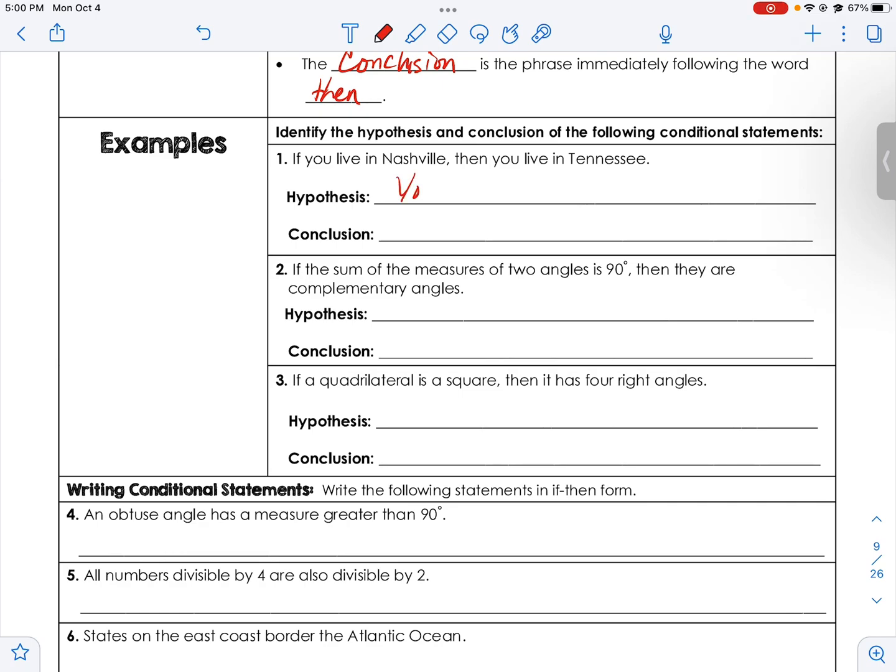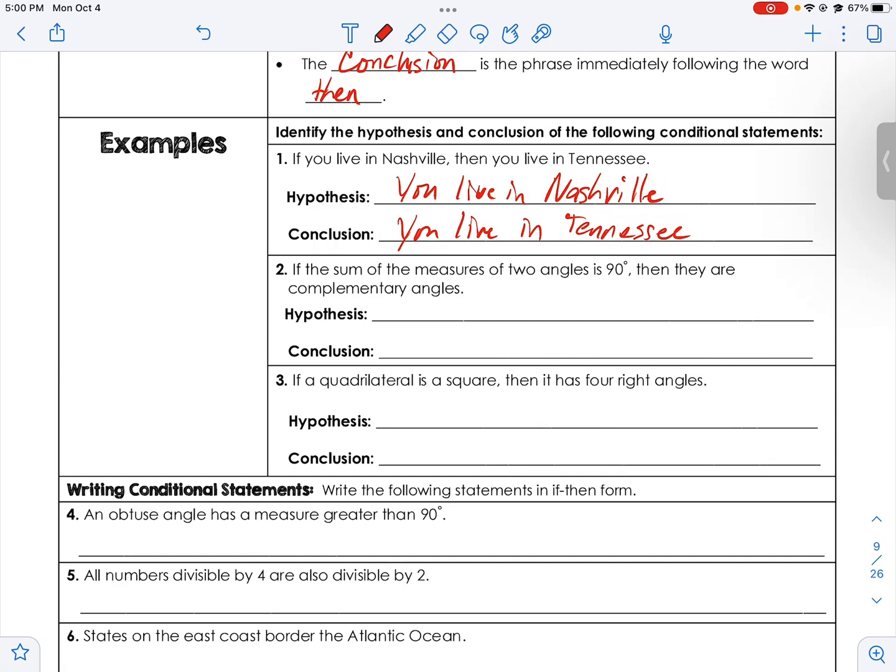Well, the hypothesis part is you live in Nashville. And the conclusion, the part after the then, is you live in Tennessee. There's a lot of double letters in Tennessee.